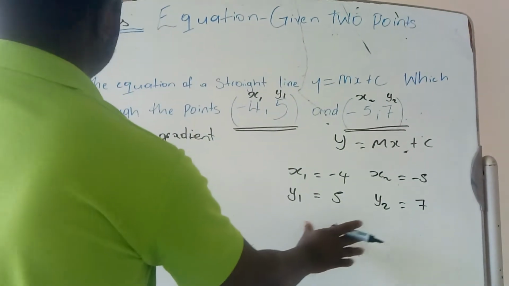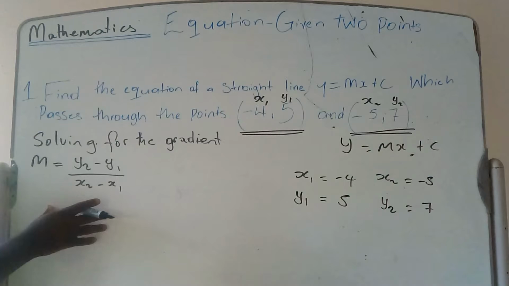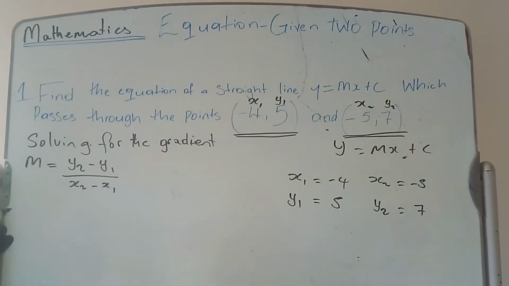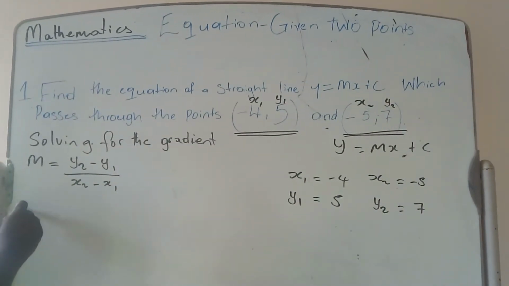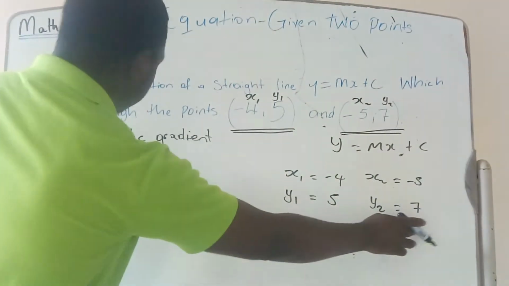Now, substituting these values in this formula will give us the value of the gradient. So m equal y2 is 7.